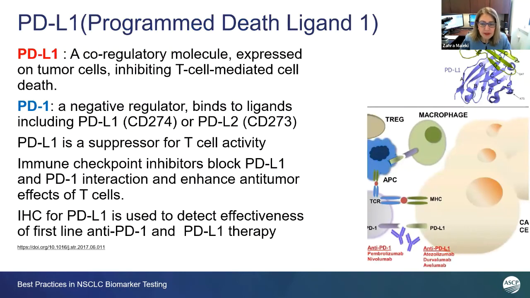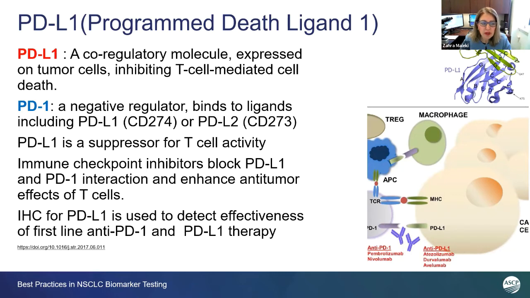Let's have a little bit of introduction about PD-L1, also called programmed death ligand 1, which is a co-regulatory molecule. It's expressed on tumor cells, and it inhibits T-cell mediated cell death. On the other hand, there is PD-1, a negative regulator.